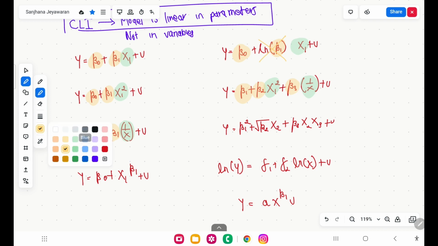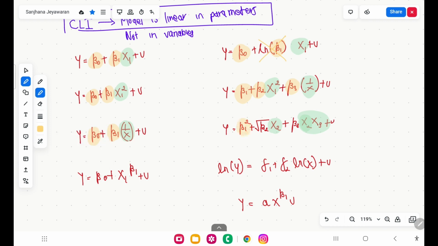Next one, x2 is linear, and here it's x2 into x3, which is non-linear, but anyway we don't need to know about that. We just have to look into the parameters.